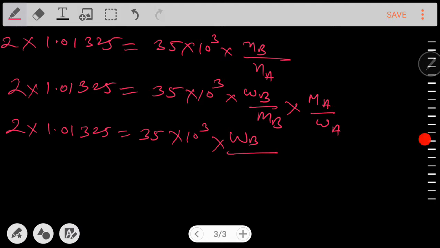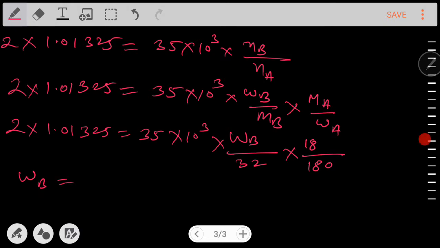MB is the molar mass of solute. The solute is dioxygen, so molar mass is 32. MA is the molar mass of solvent. Solvent is here water, so molar mass is 18 upon mass of solvent, that is 180. So from this equation WB can be determined.